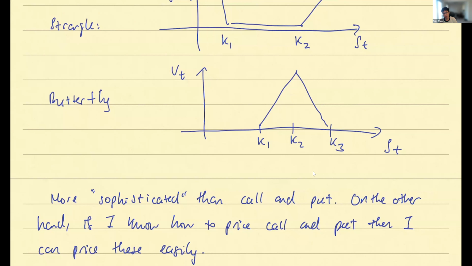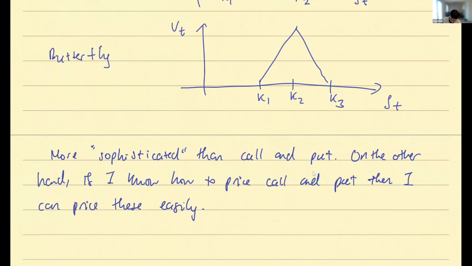No, it has nothing to do with no arbitrage. Exactly, that's the whole idea: I can, and the term is synthesize, I can synthesize these out of call and put.